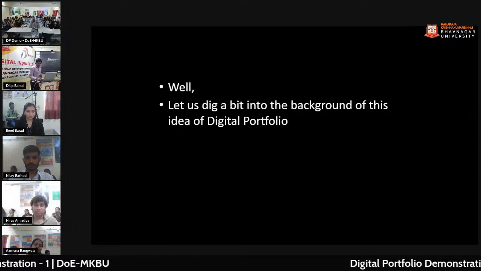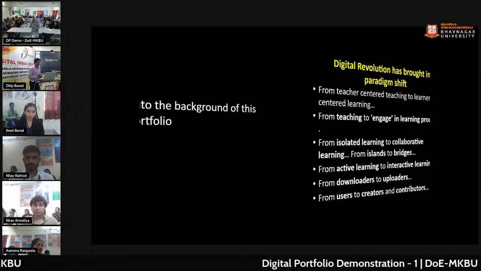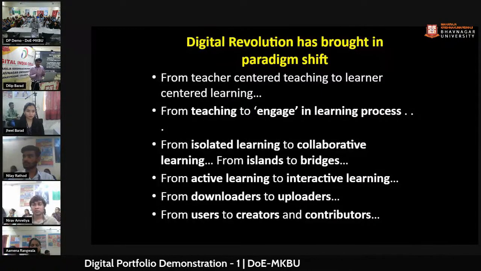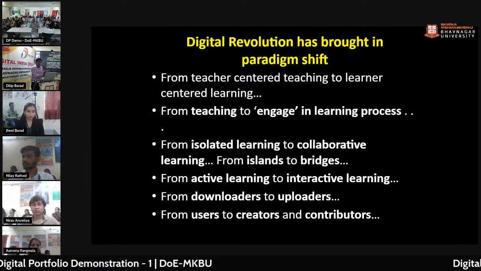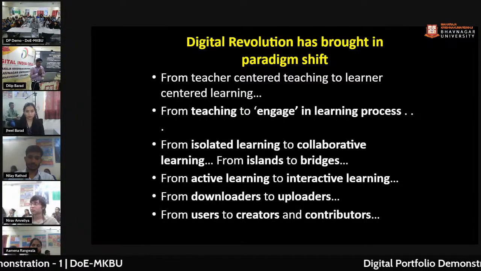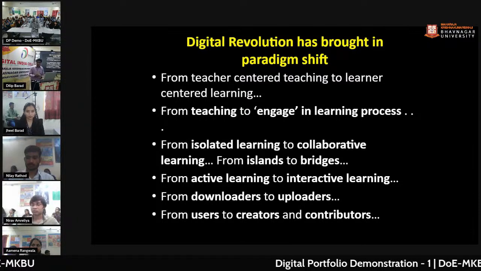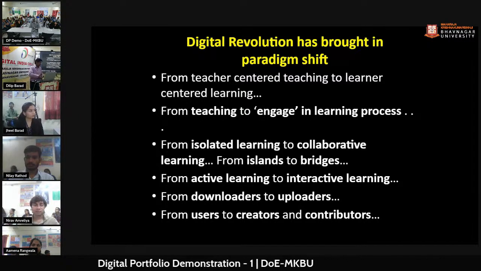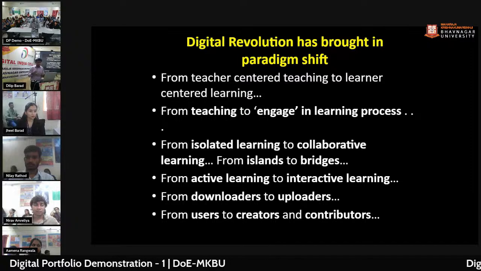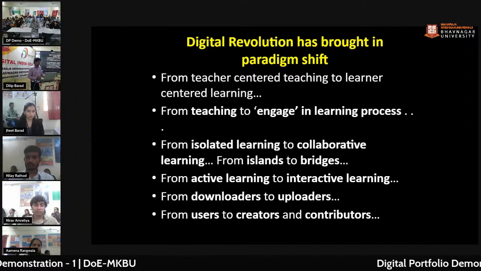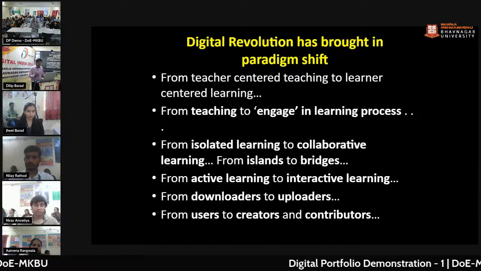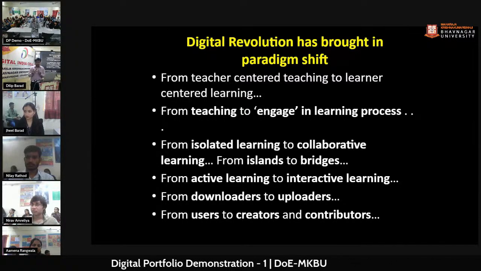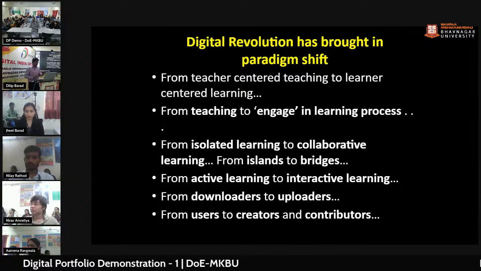A bit of background for this idea of digital portfolio. As we have said, we move into the environment of being uploaders on the net resources. That is a very important point. Second last, from downloaders to uploaders, if you want to develop that culture among people who are normal citizens also, not only academicians or teachers, then we have to first tell them that we all can be uploaders of good, quality content also.